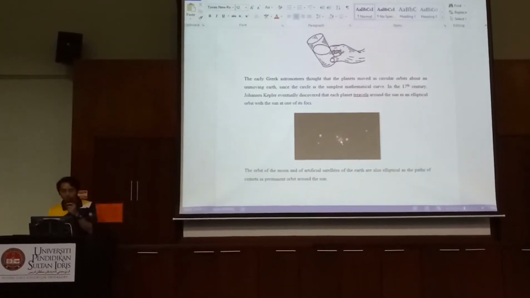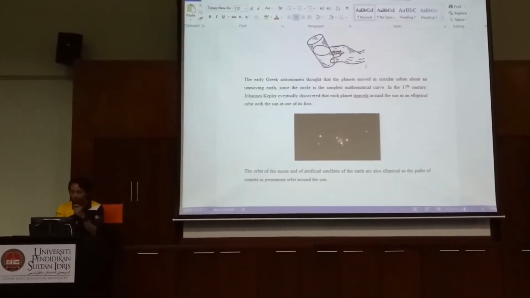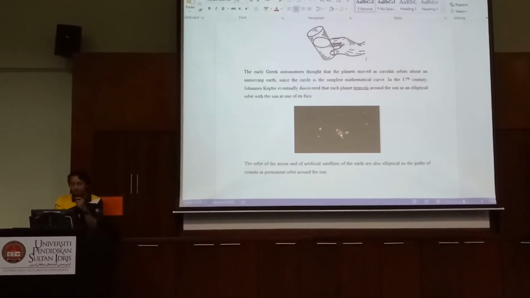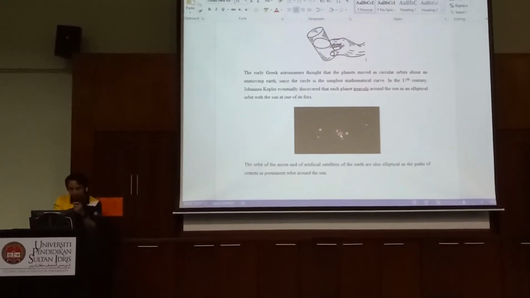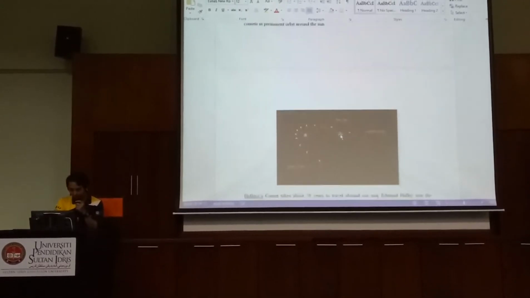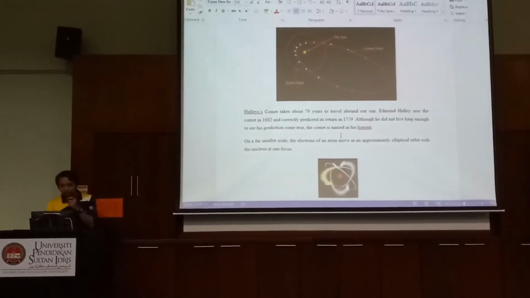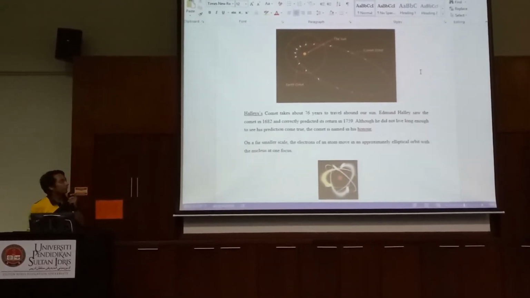The orbit of the Moon and of artificial satellites of the Earth are also elliptical, as is the path of comets in permanent orbit around the Sun. You can see the orbit that has the shape of an ellipse.